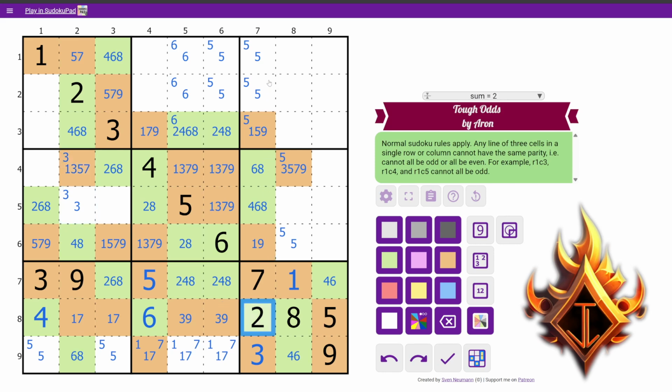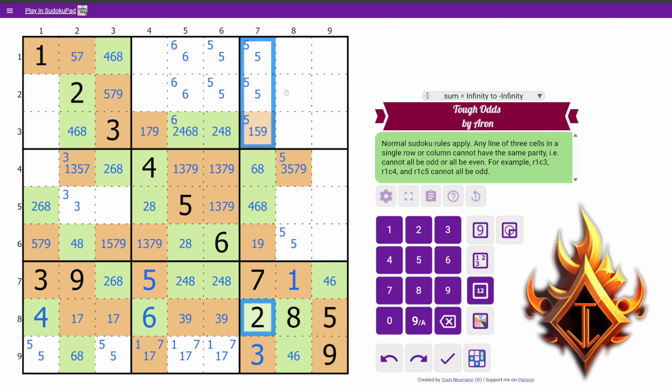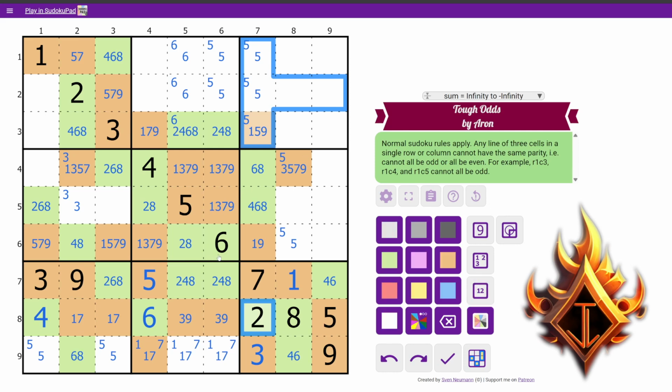I'm overlooking it. What I'll try to do is look in the correct spot, and that should help. Two, 4, 8.